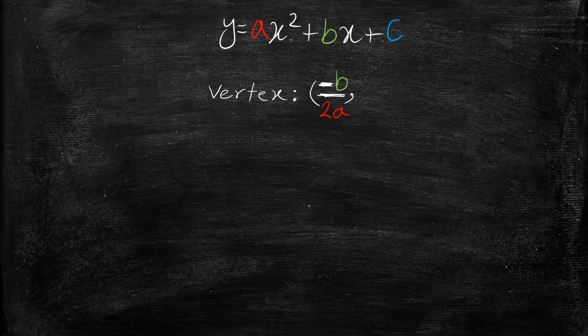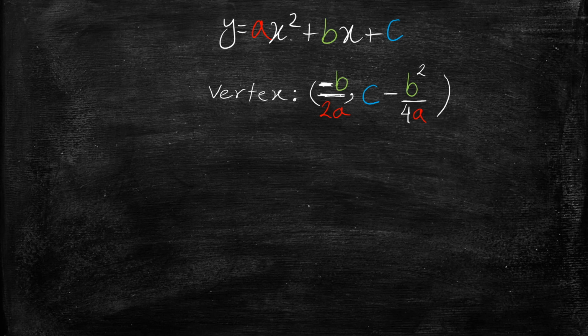Once you plug in x as negative b over 2a, you should find something like c minus b squared divided by 4a, or a variation of this form. So that's the y of the vertex.